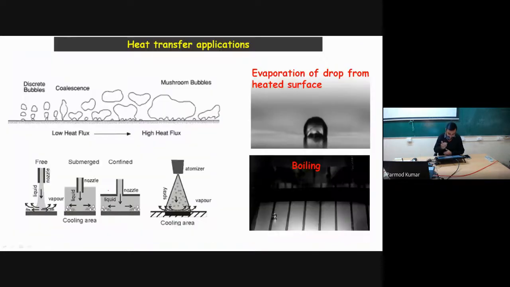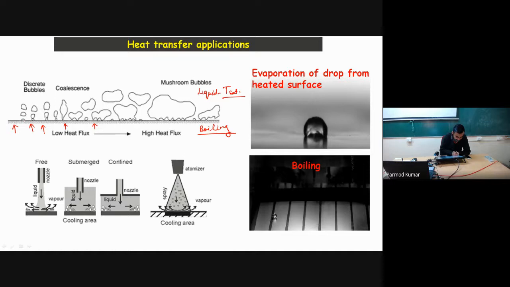Now let us try to understand in more detail the different applications which may require different types of surface behaviors. The first application I am showing is boiling heat transfer. When we have a surface subjected to heat flux, and the outside liquid is at saturation temperature, we will find that there is initially some bubbling.